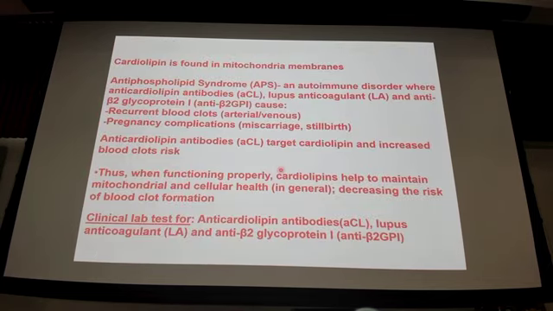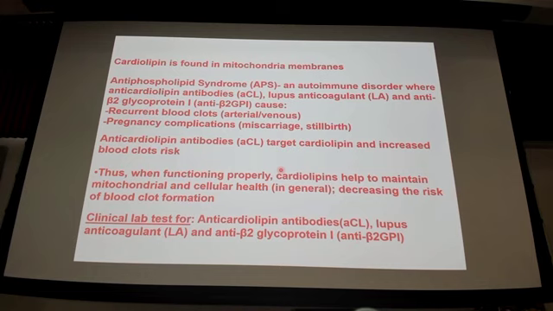All right. Well, yesterday we talked about different phospholipids and how they're involved in making up the cell membrane. One of the phospholipids, cardiolipin, had a function to help decrease blood clot formation.